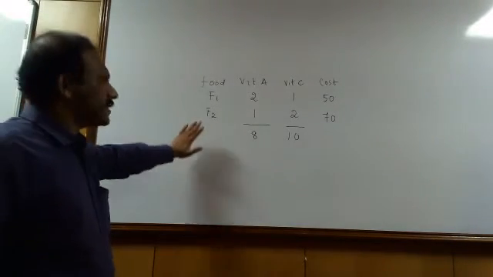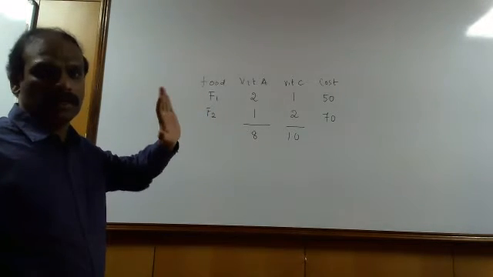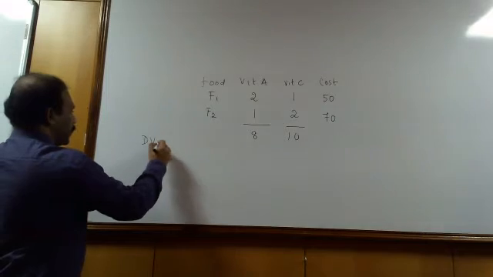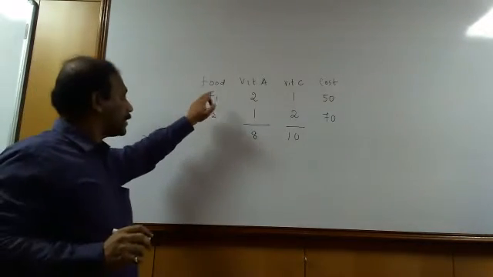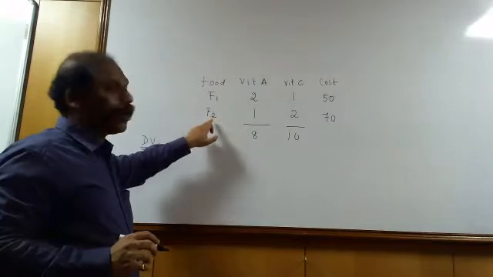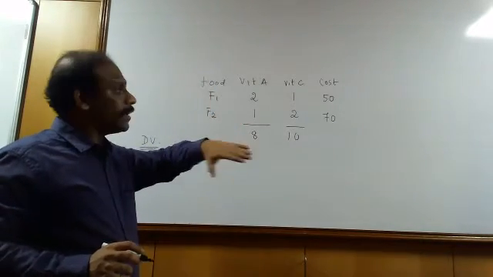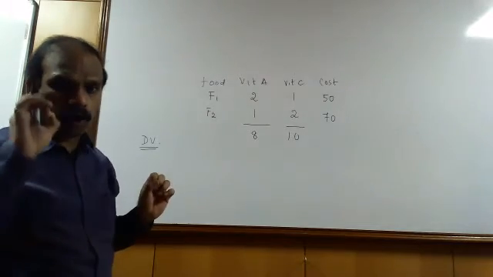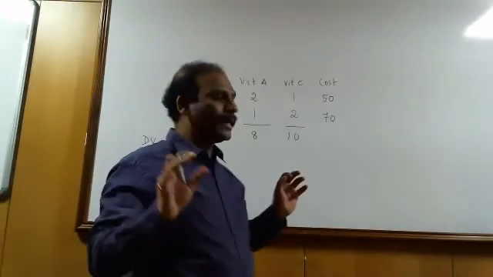Now let's start doing the formulation. Since the cost is given in the problem, it is very clear that it's a minimization problem. First let us write down the decision variable. The decision variable here is what quantity of food F1 and what quantity of food F2 you buy so that the overall cost of buying the food is minimum. Whenever you have the keyword cost, without any hesitation, you can conclude that it is a minimization problem.